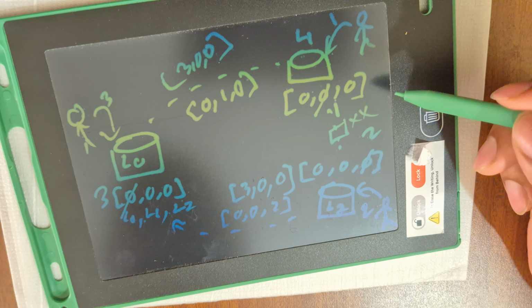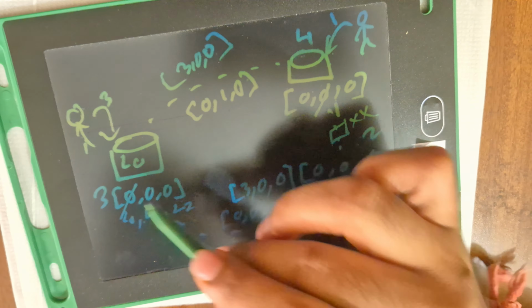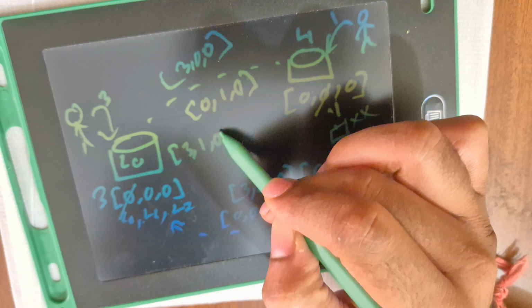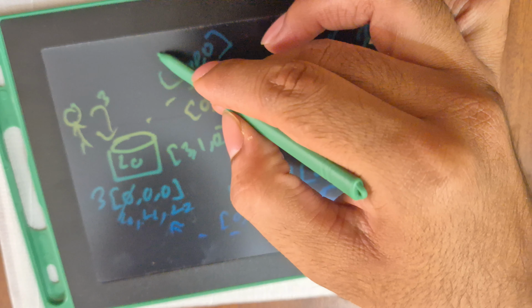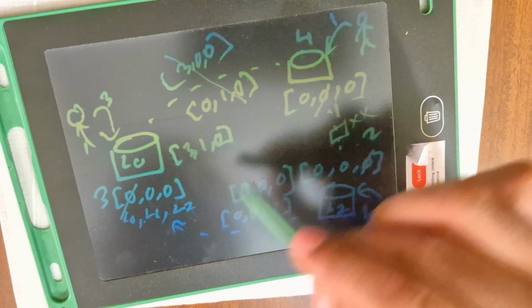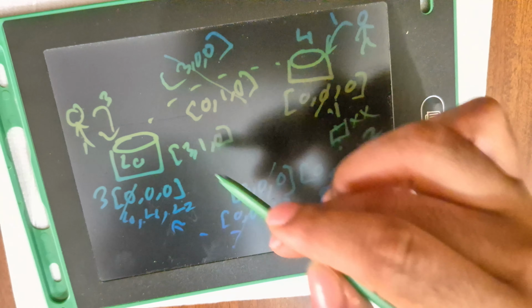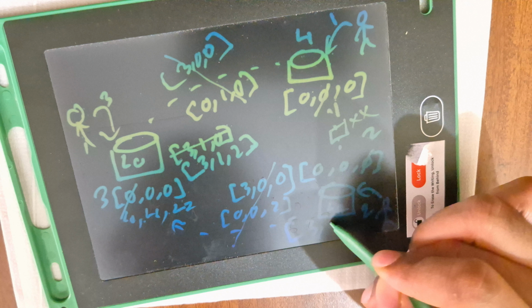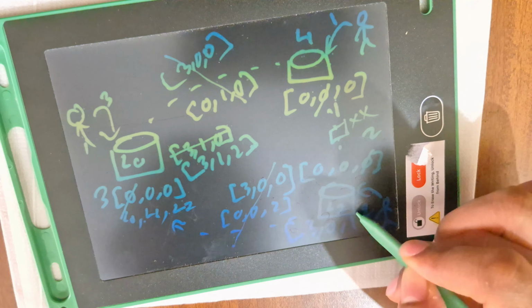So what happens? This gets updated to 3 comma 1 comma 0 because of this whole transaction, and because of this whole transaction this becomes 3 comma 1 comma 2. Similarly, because of this whole transaction this becomes 3 comma 0 comma 1.